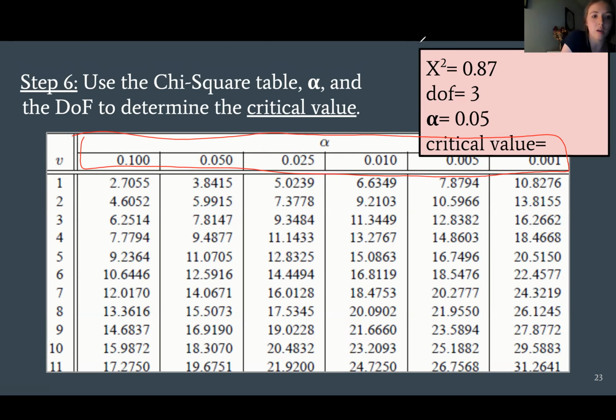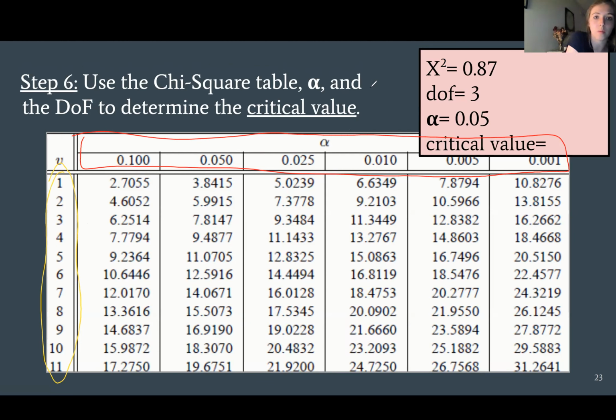The side of the table represents the degrees of freedom. These are the degrees of freedom, or this little V symbol here. And you go through and use what is determined as your degrees of freedom and your alpha value to determine what your critical value is.